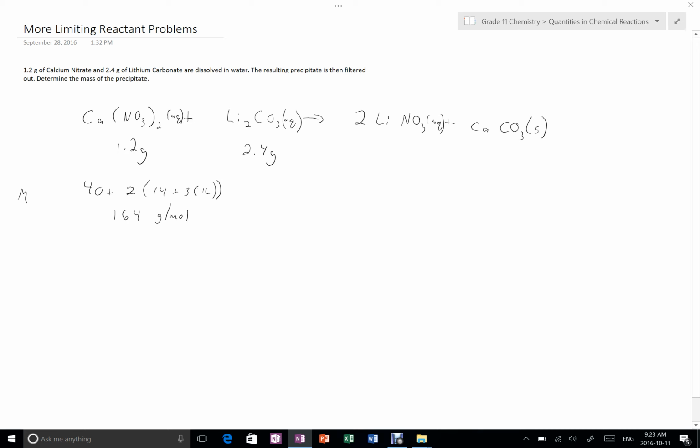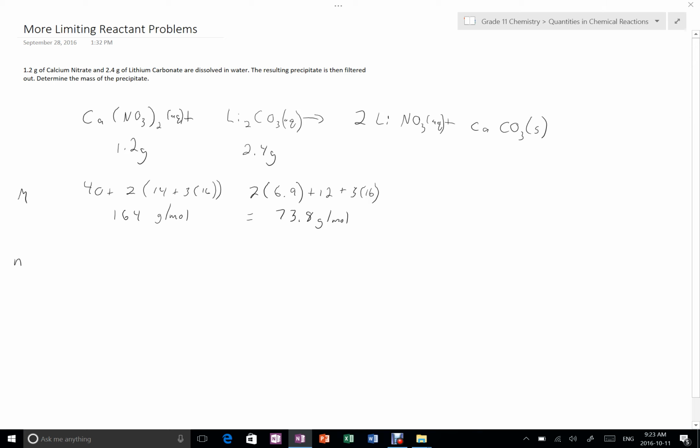Here I have 2 lithiums. Lithium is 6.9. A carbon and 3 oxygens. So each particle here weighs 73.8 grams per mole.